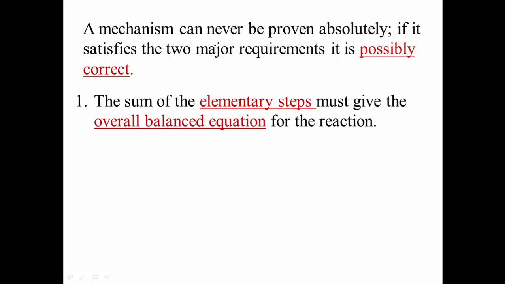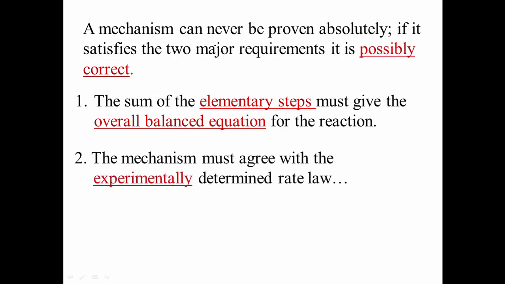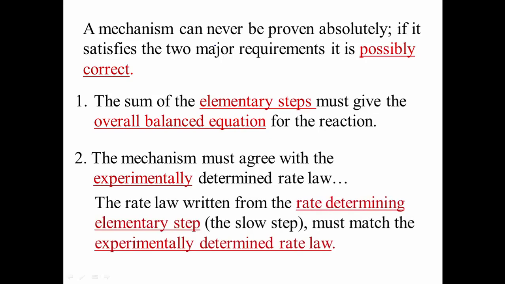Then the mechanism must agree with your experimentally determined rate law, which you have either found using the integrated rate law or the method of initial rates. Once you know that experimental rate law, then you must match it to the slow step's rate law. So the rate law written from the rate determining elementary step, the slow step, must match that experimentally determined rate law.